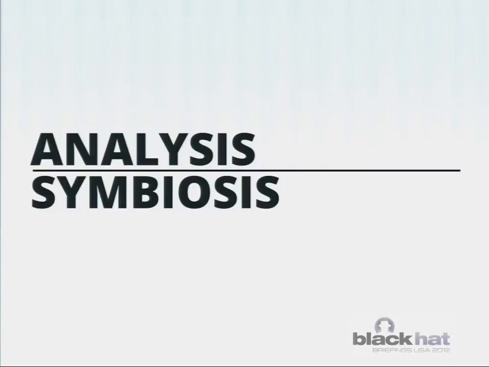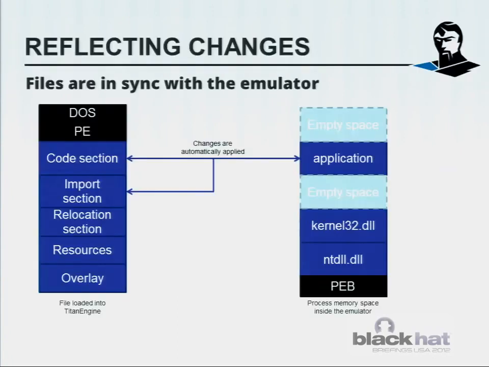So there's the symbiosis between emulator and the static environment, and we really wanted to create it like this because it enables us to do a lot of things. So if on the left side you have the file on disk, and you loaded that file into a new process, and the process is shown on the left side, whatever happens with the process while the application is being emulated is reflected back to the original file.